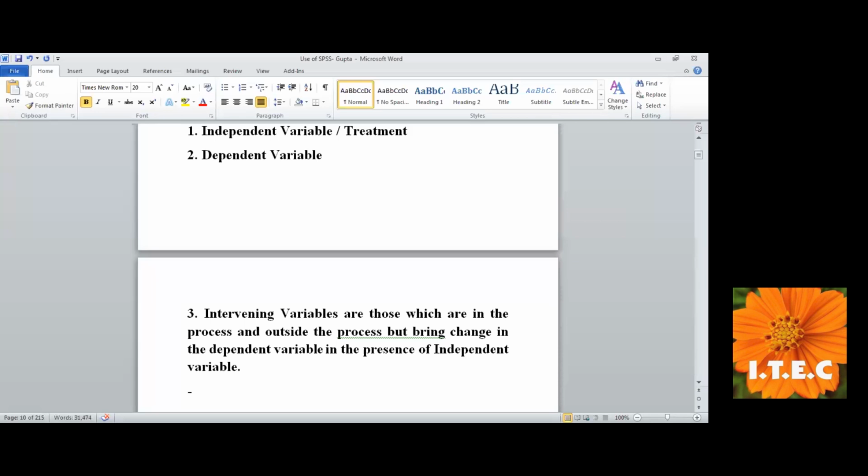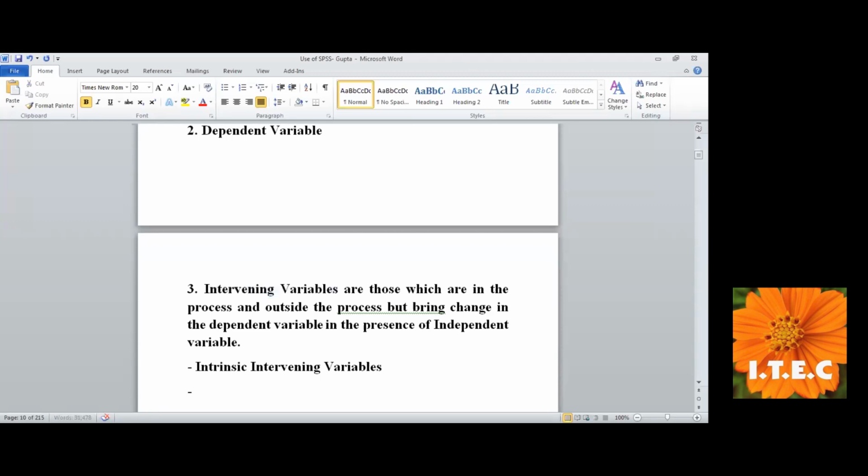Those intervening variables which are in the process are called intrinsic intervening variables, and those outside the process are called extrinsic intervening variables. These are also called confounding variables.